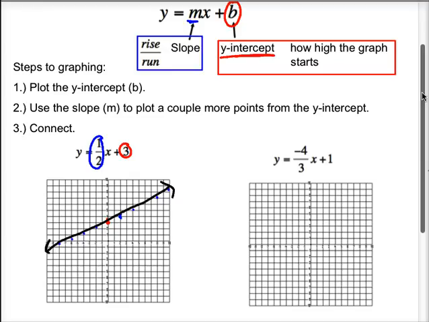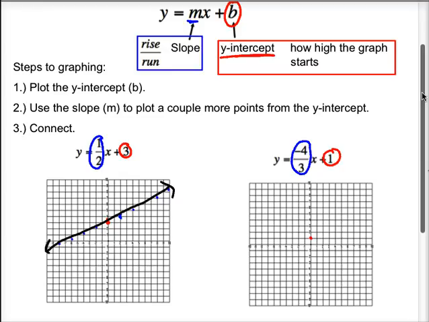Now let's look at our next one. So here we're starting with a y-intercept up at 1. Now I have a slope of negative 4/3. So what negative 4/3 means is I'm going down 4 and then over 3. Always rise over run, but if it's negative, it means you're going down.